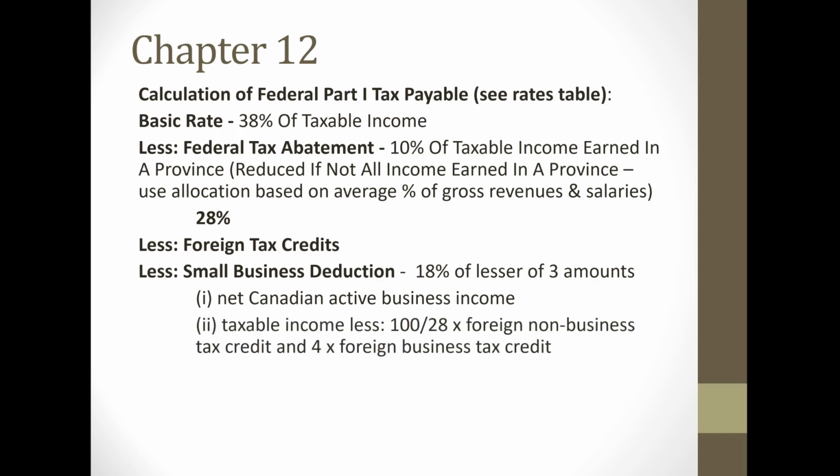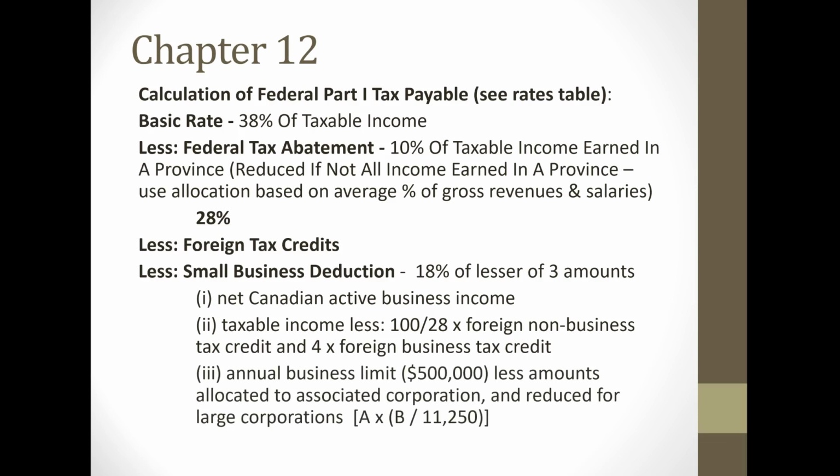The second amount is the company's taxable income minus some adjustments for foreign tax credits. The third is the annual business limit of $500,000, less an amount that is given to associated corporations, and also reduced if the CCPC is considered a large corporation.